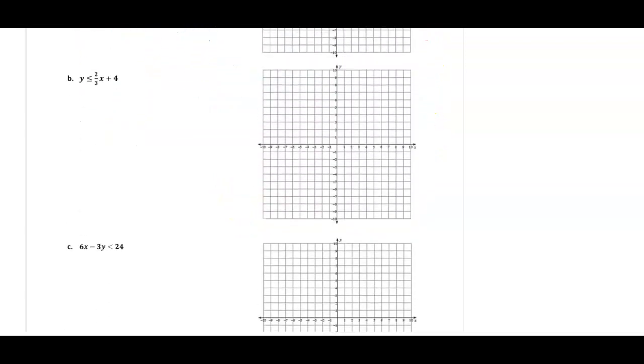Next one. Slope is 2/3. Y-intercept is (0, 4). Plot my y-intercept. I'm going to go up 2, right 3, up 2, right 3, and I'm going to graph. Here, this tells me I'm going to have a solid line, so I'm going to graph my solid line.